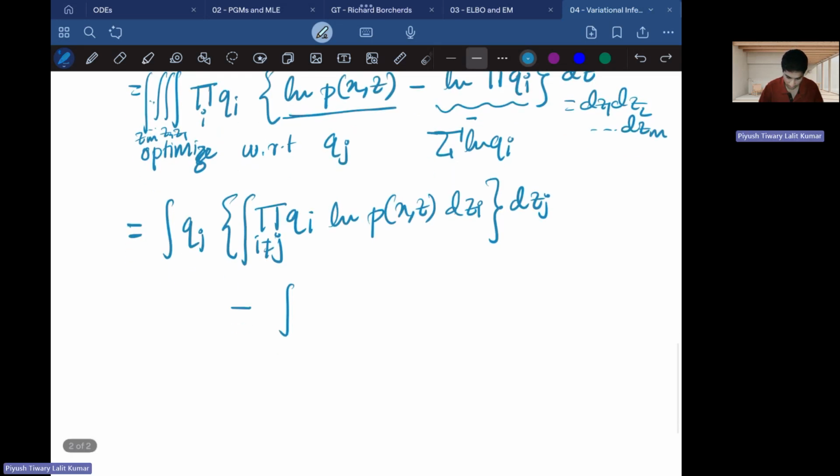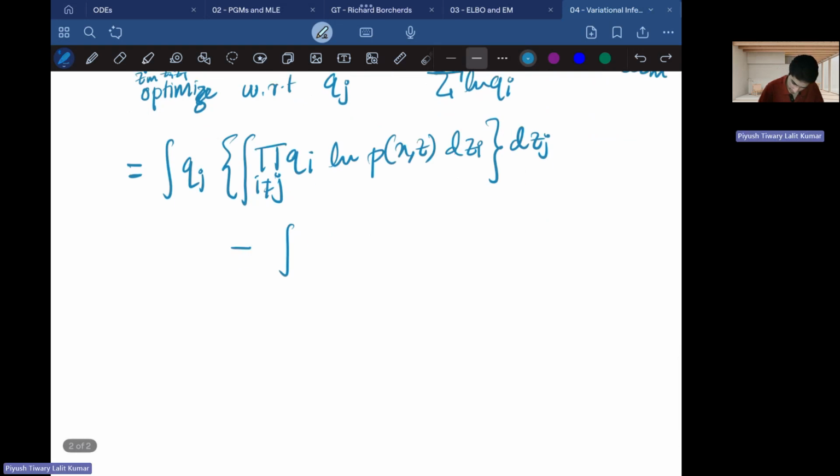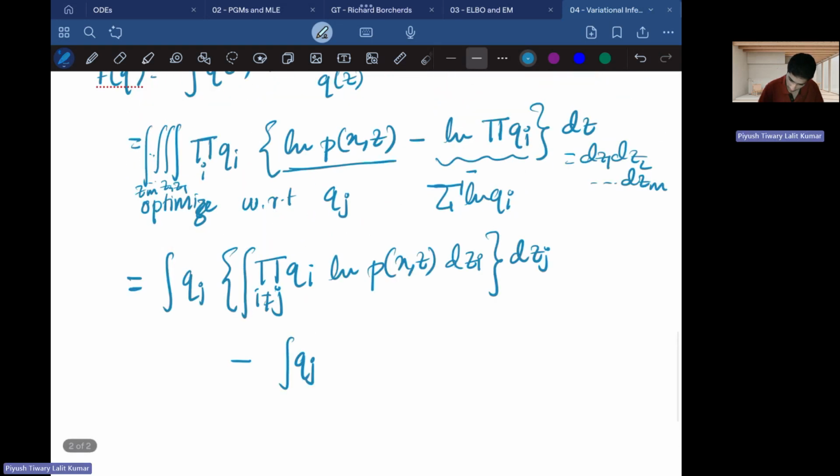I hope you will agree that this is like ln q_1 plus ln q_2, and so on and so forth, like ln q_j, up to q_n.